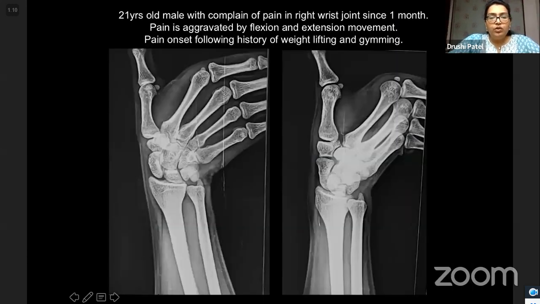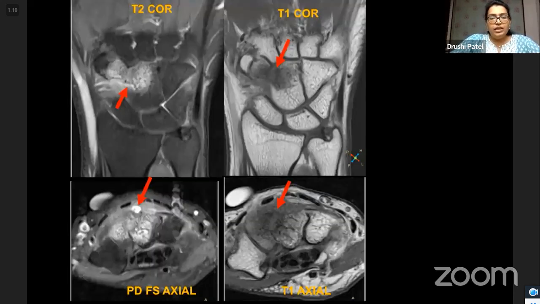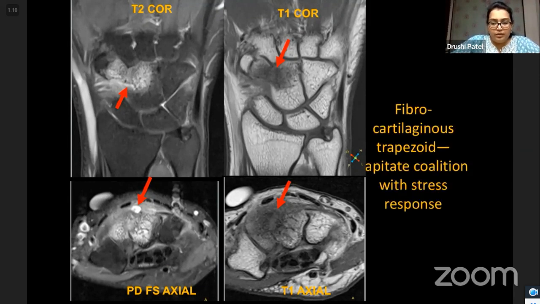Now, another 21-year-old male with a complaint of pain in the right wrist joint since 1 month, and the pain was aggravated on flexion and extension. He had a recent history of starting weightlifting and gymming. You can see that there are marrow-edematous changes involving the carpal bones. Here it is involving the capitate and the trapezoid bone.